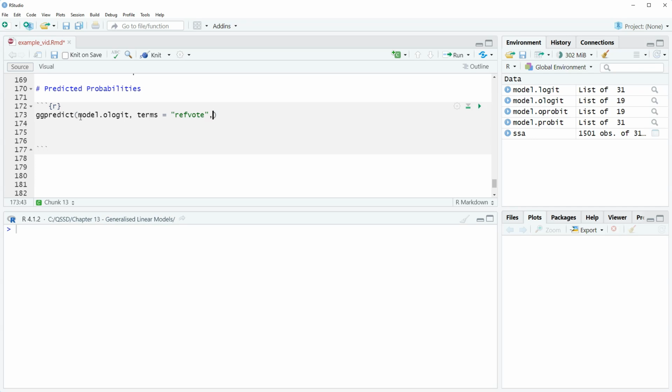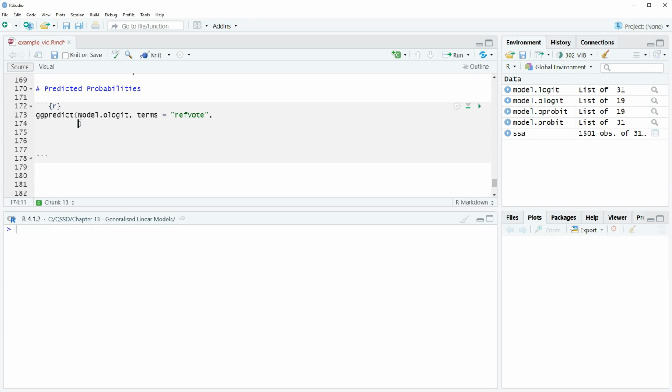Okay, so again, we're looking at individual predicted probabilities. So by including it like that, we're going to get predicted probabilities for both the values in ref vote. For those who plan to vote yes, those who plan to vote no.